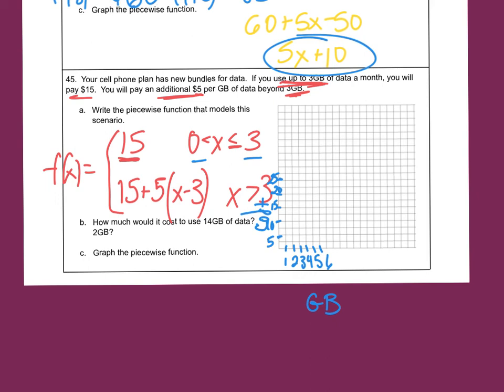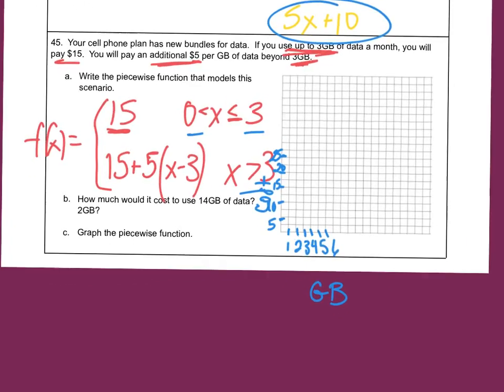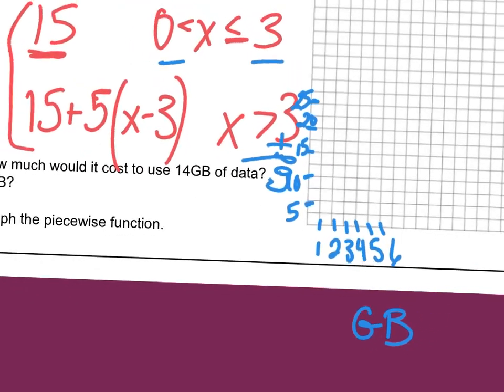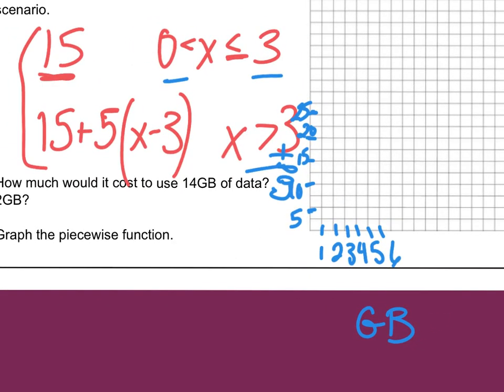So we'll go ahead and graph this. So 15 is what it costs if it's between 0 and 3. So let's zoom in here so we can kind of see this. So 15 is what it costs when it's between 0 and 3. Open dot on 0, closed dot on 3.